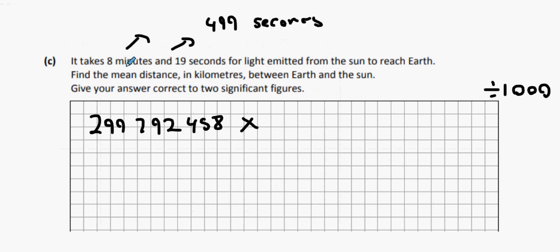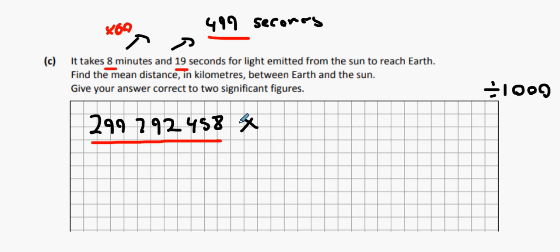All right. 8 minutes and 19 seconds is how fast? How many seconds? Multiply 8 by 60 and add on 19 to get 499 seconds. How fast does it travel per second? That many meters. So you're going to get your speed, your meters per second.